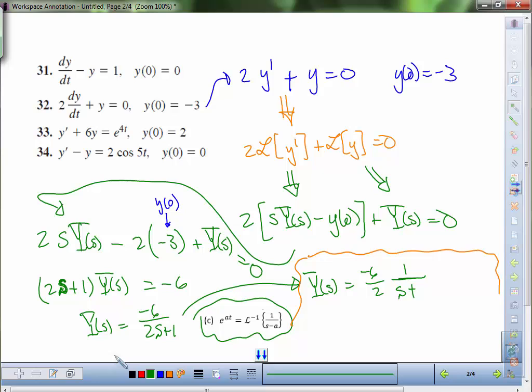That becomes 1/2. Now it looks like minus 3 times 1 over s minus negative 1/2. Now it looks exactly like that. You have a constant negative 3, but because this is a linear transformation, those constants can just move outside. We just focus on this thing.